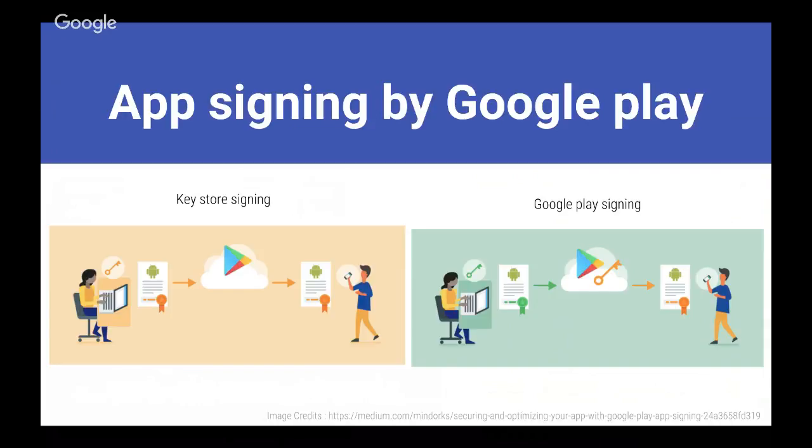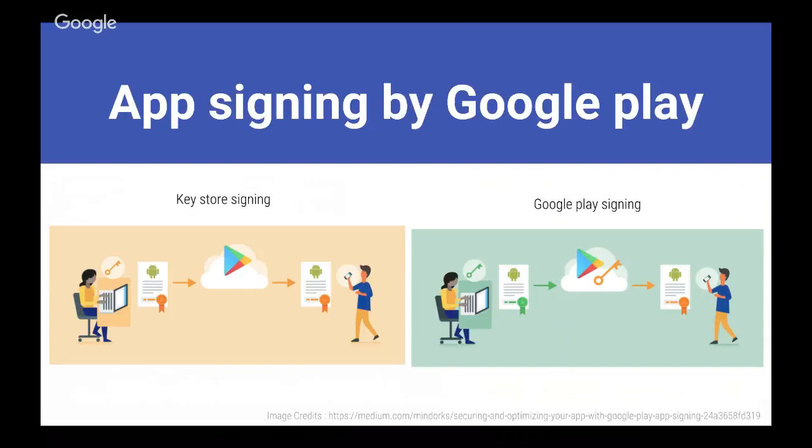Play would then use the private key of this upload certificate to disassemble the AAB you have given us, pick the appropriate config splits out of that, bundle them into a new APK, sign it with the private key you provided earlier during the initial Google Play signing step, and then serve it to your users.